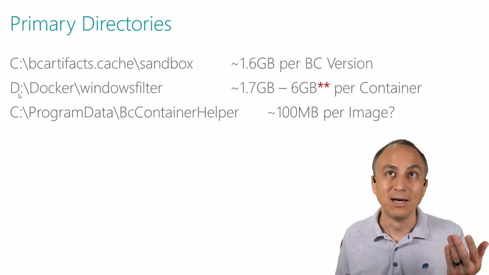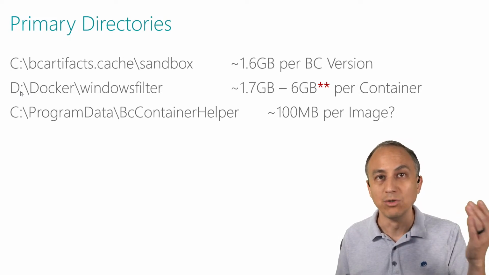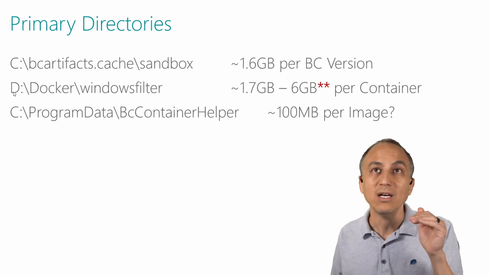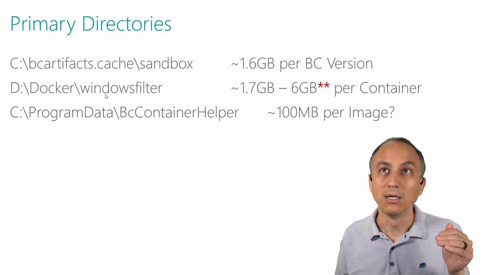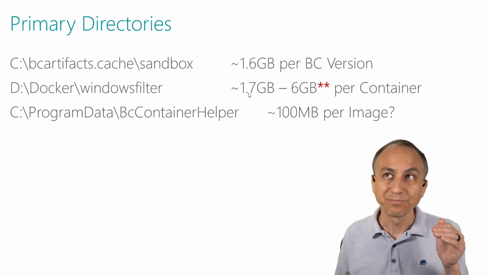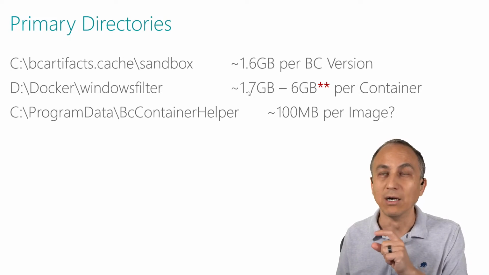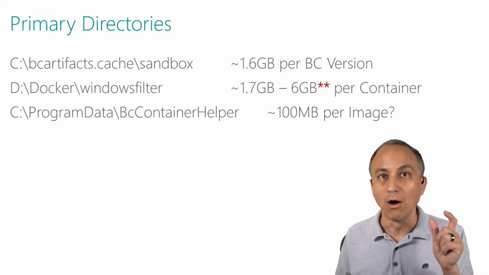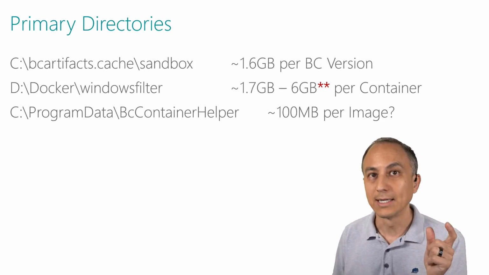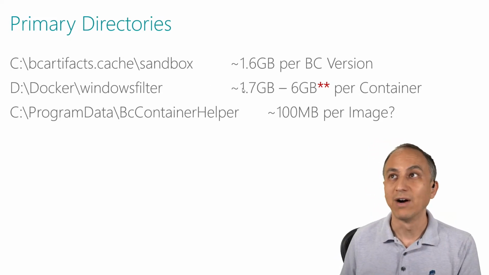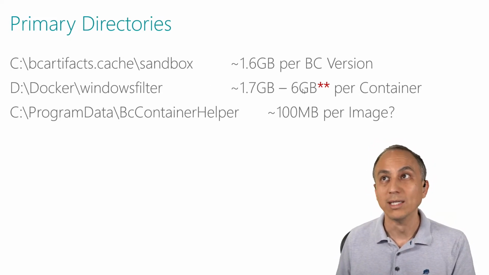Then we saw on my D drive, because I use that daemon.json config file to save Docker files on D:\docker, and so under Windows filter, we had 1.7 gigs to 6 gigs per container. Looks like the newer artifact-based containers are only 1.7 gigs for those artifact files, but the older ones some of them were up to 6 gigs.